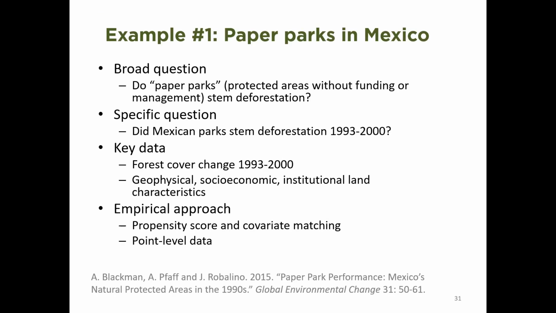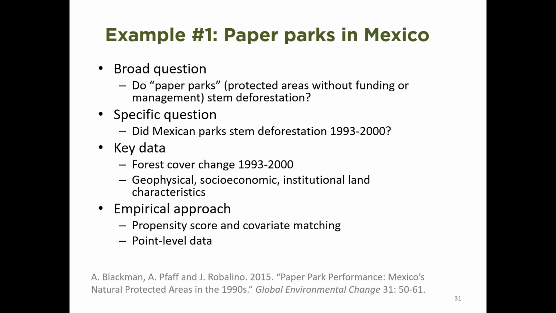So the first example is a study of the effectiveness in stemming deforestation of so-called paper parks. These are parks that are drawn on maps but have very little management or funding.